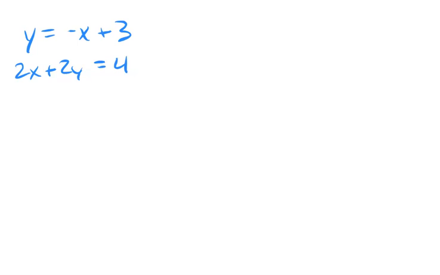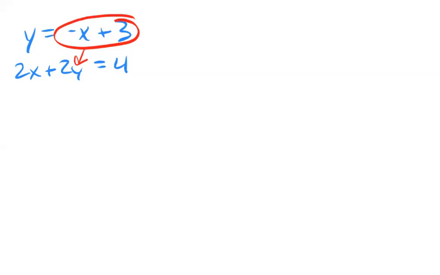This one might actually lend itself to being easier using substitution rather than elimination. You could do elimination, rearrange this, then multiply and then add. But I said yesterday that I use elimination 95% of the time. This is that 5 to 10% where I'm going to use substitution, because it's already solved for y. I can take that and plug it in for the other y.